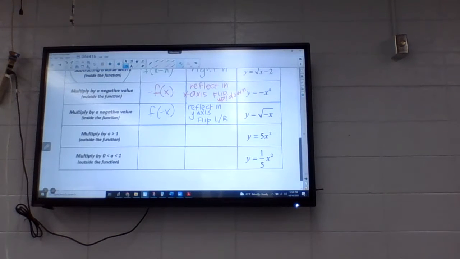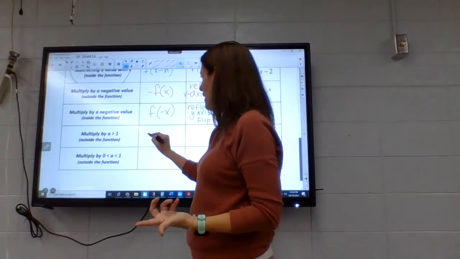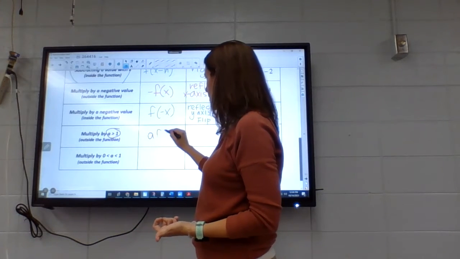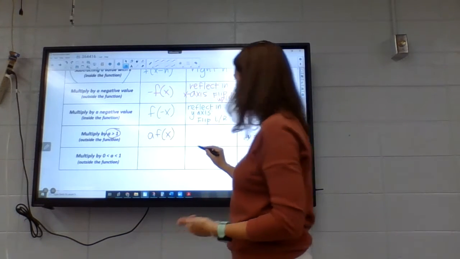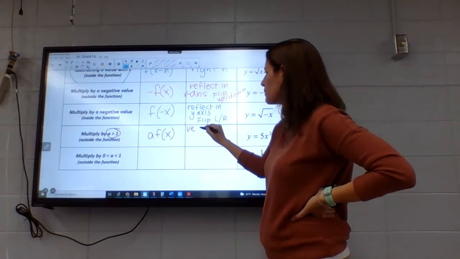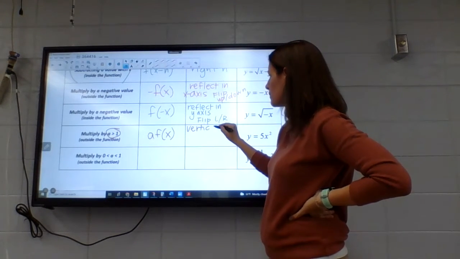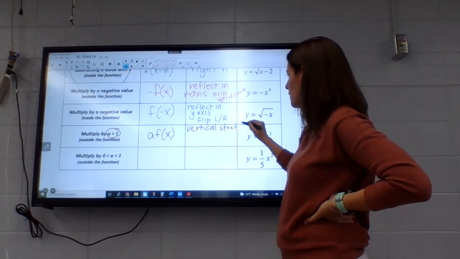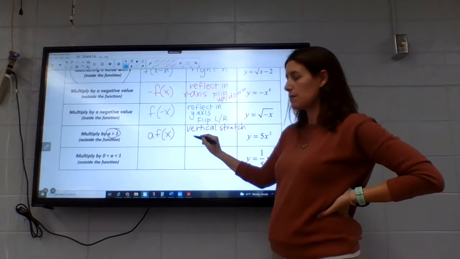It's getting skinnier. A is bigger than 1, that's important. How I thought of it is in which direction you need to stretch the parabola to result in that shape. So typically this is going to be skinnier.